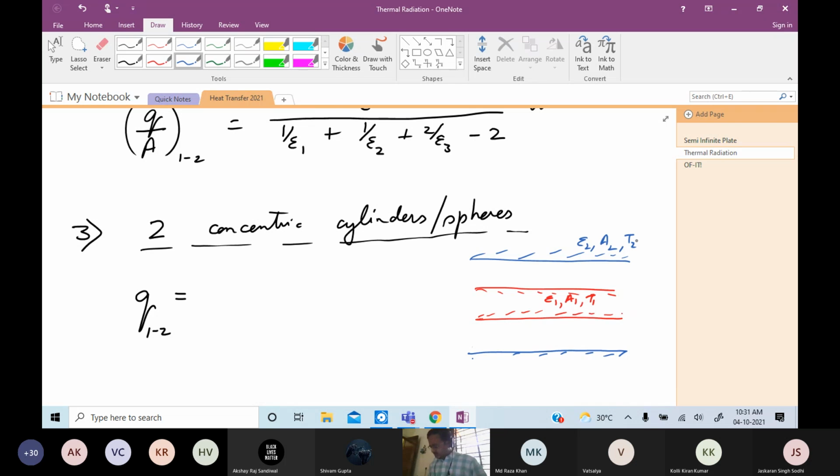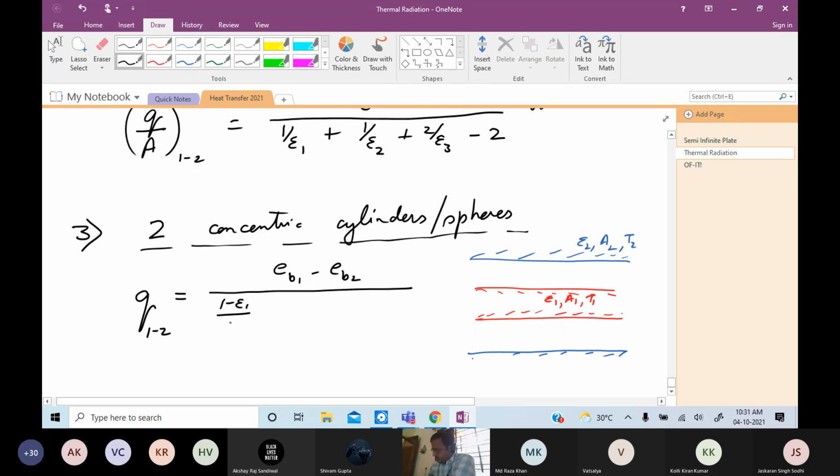So what can I write? Same expression as for the two bodies, like what we had done before. EB1 minus EB2 divided by (1 minus epsilon 1) over epsilon 1 A1, plus 1 over A1 F12, plus (1 minus epsilon 2) over epsilon 2 A2.